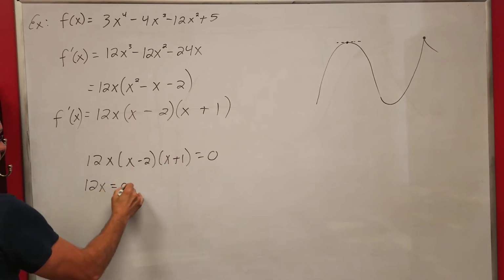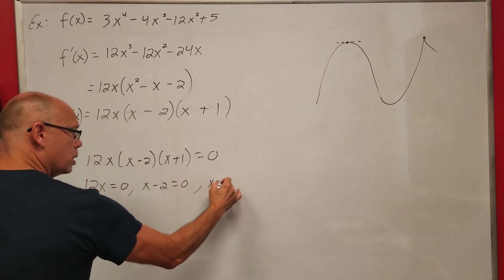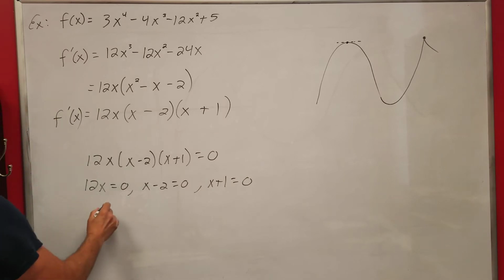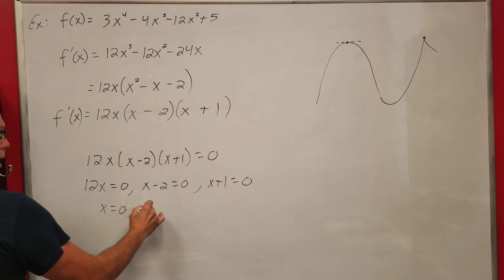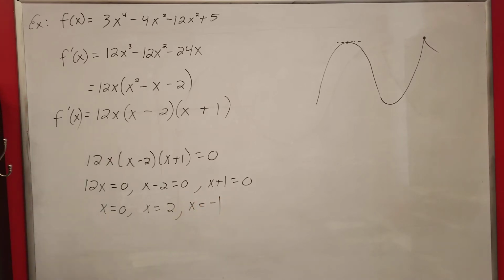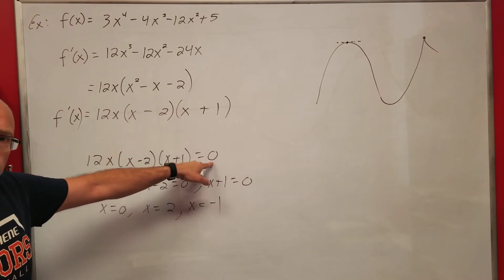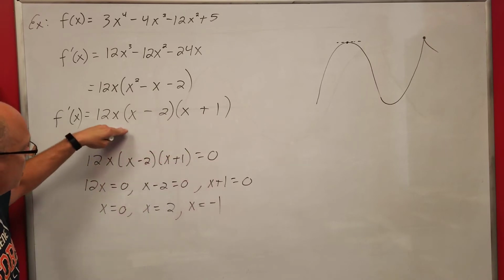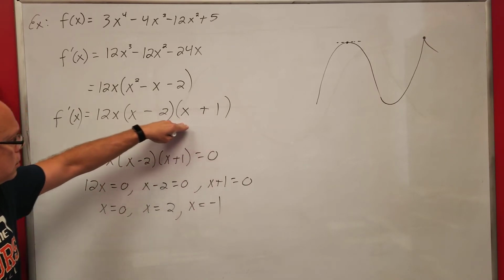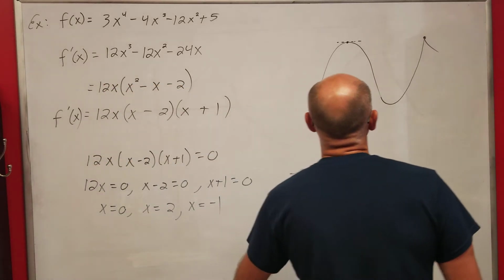So 12x is equal to 0, x minus 2 is equal to 0, and x plus 1 is equal to 0. So that means x is 0, x is 2, and x is negative 1. All right, so we just found out where my derivative is equal to 0. What about where my derivative is undefined? Well, this is just a polynomial. It's not going to be undefined anywhere.